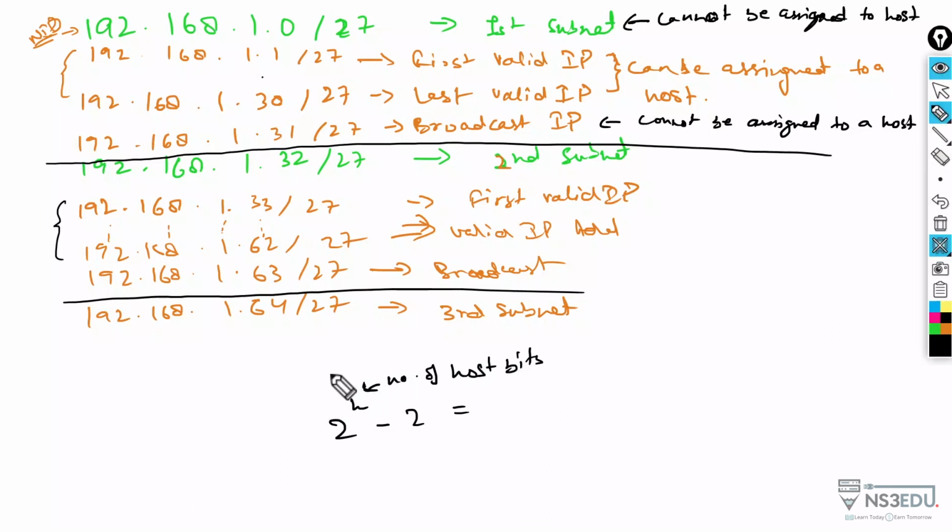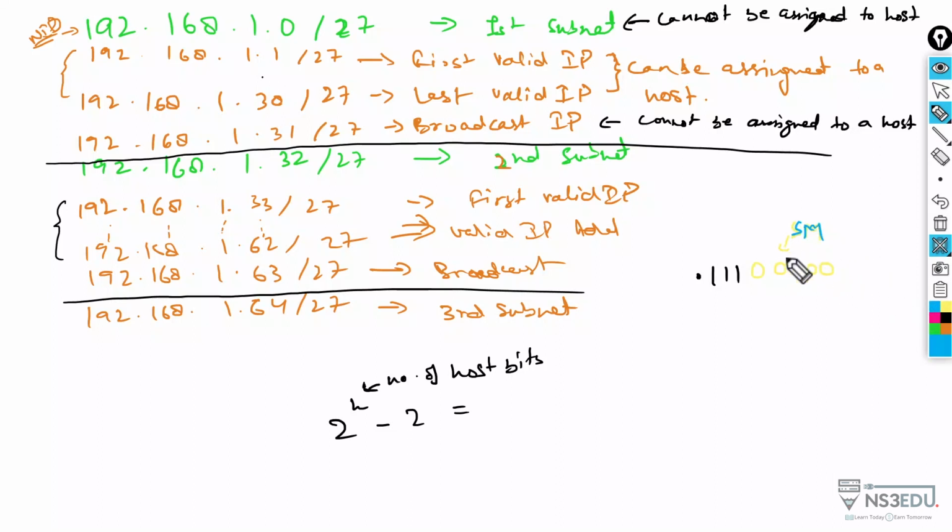What are the host bits? I already mentioned these zeros. There were 3 bits reserved for the network portion, which we borrowed from the last octet, and there are another 1 2 3 4 5 bits that are set to 0 in the subnet mask.